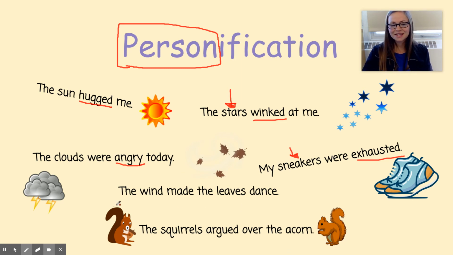Okay? The wind made the leaves dance. So what's the object in this sentence? Right, the wind. What is the human-like characteristic that it's giving to the wind?